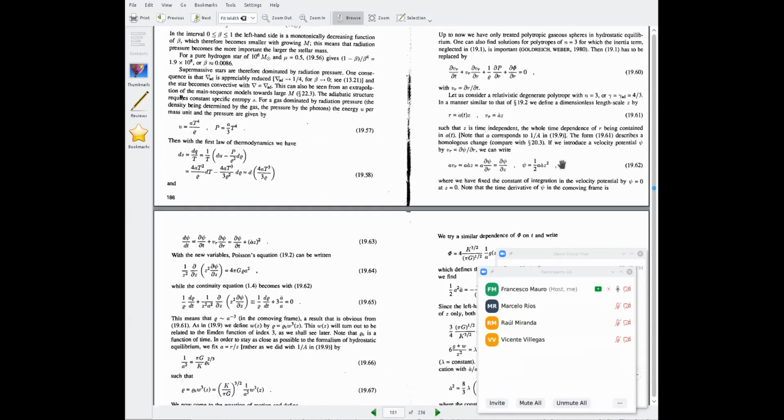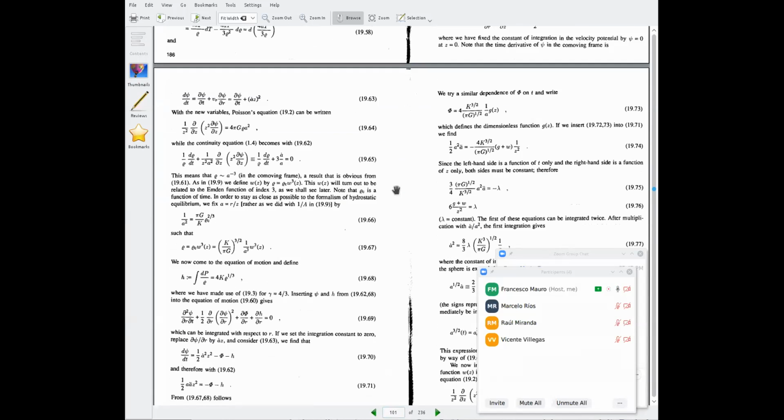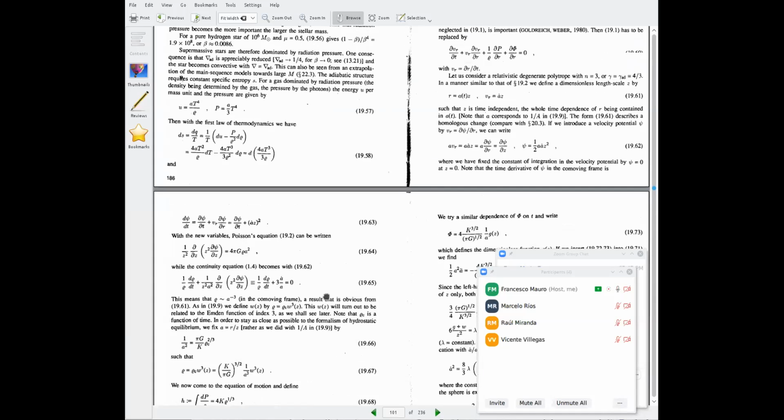The collapsing polytropes are just a really nice exercise of calculus.